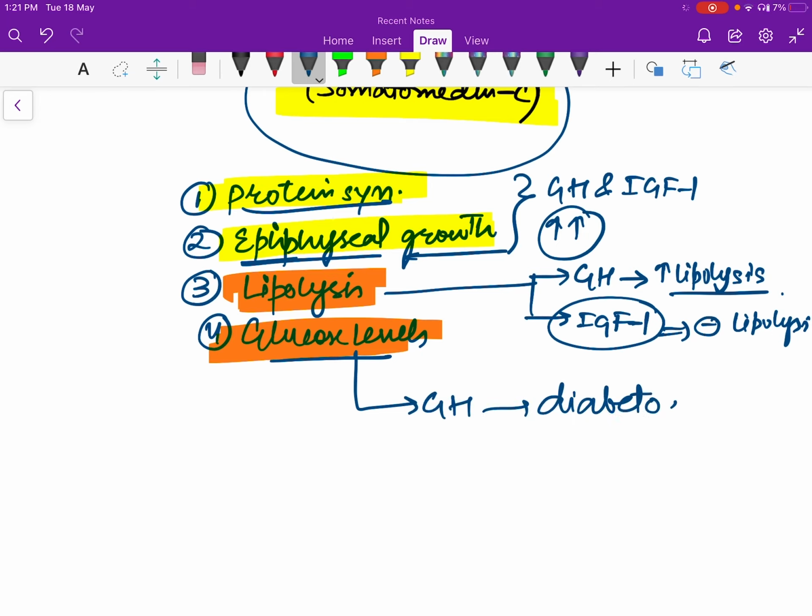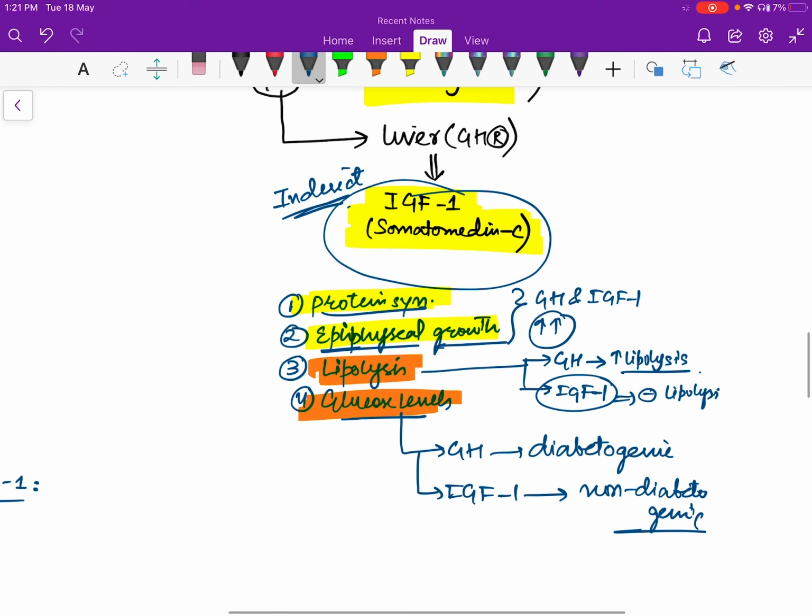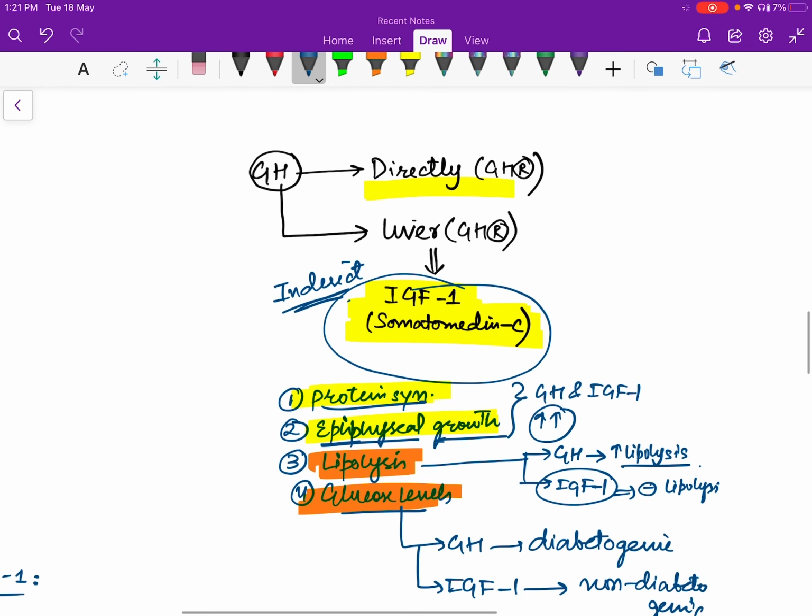That means it increases glucose levels, whereas insulin-like growth factor 1 is non-diabetogenic or anti-diabetogenic, it decreases the levels of glucose. Okay, so these are direct actions which are directly mediated by growth hormone, and the actions mediated by insulin-like growth factor 1 are indirect actions.